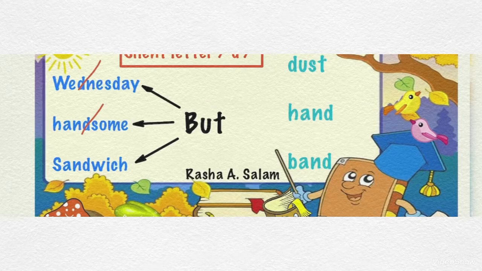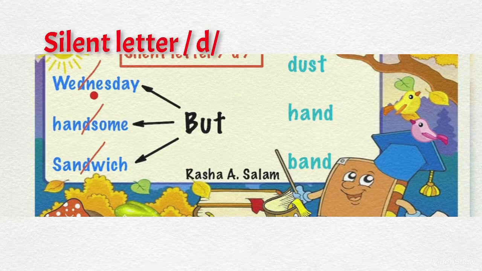And again, I have the word sandwich. I will not read the D, but I will read it sandwich. So here, letter D is a silent letter in this word. So let's read the words with silent letter D.